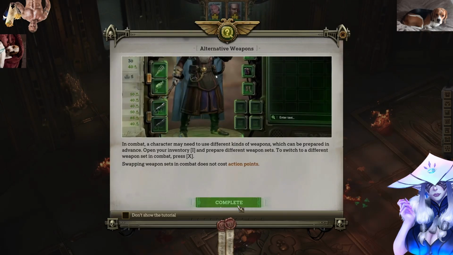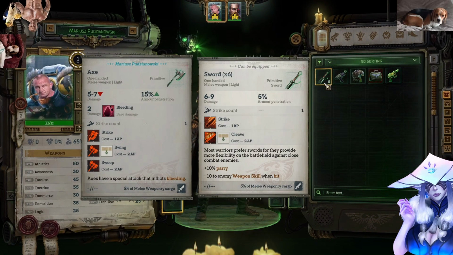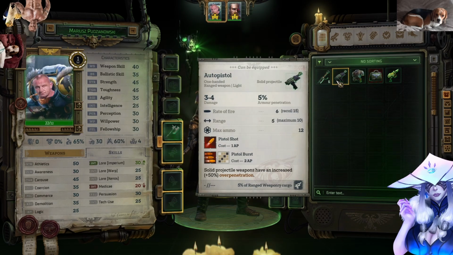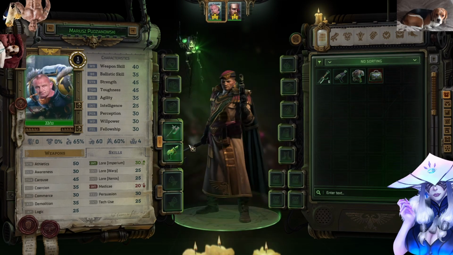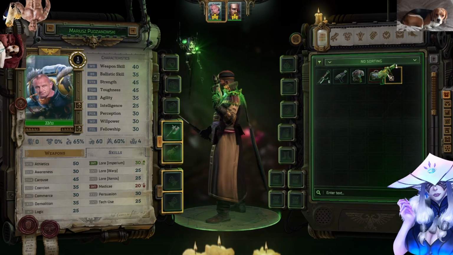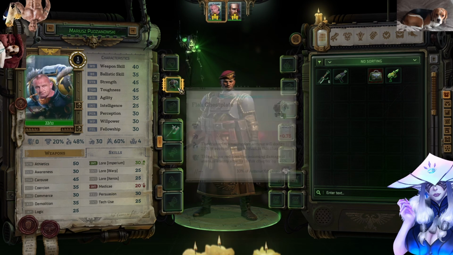In combat, a character may need to use different kinds of weapons. Okay. Sword. Okay, but swords are boring, so no. Auto pistol. Projectile weapons have increased penetration. Nah. What is this?